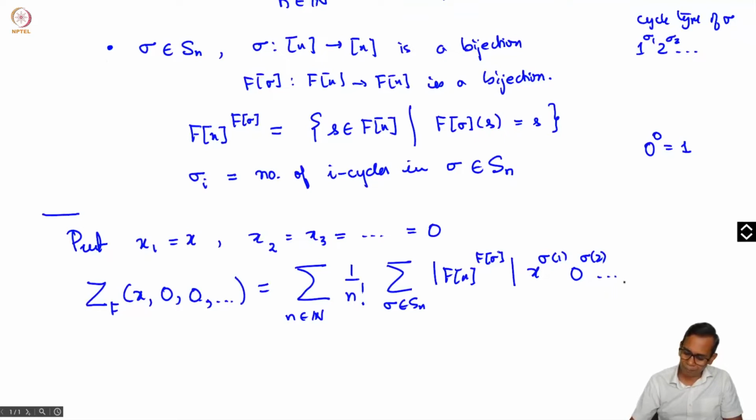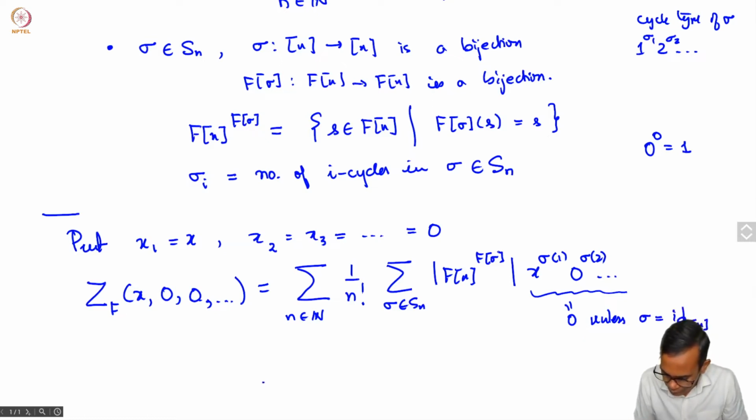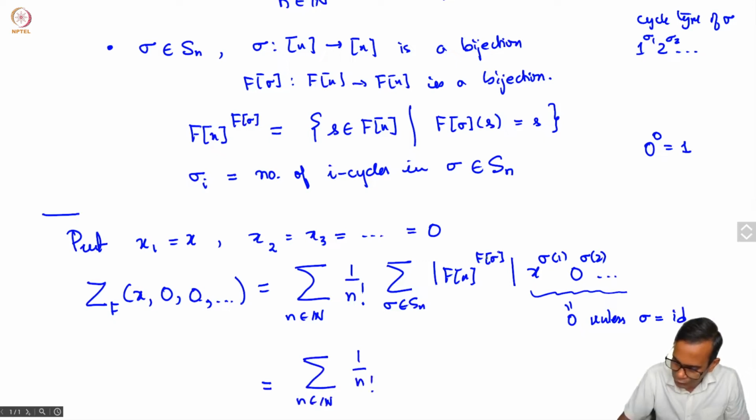So now this monomial here is equal to 0 if sigma has even one cycle that is of length greater than 1. So this is 0 unless sigma equals the identity of n. And so this sum just becomes the summation over n of 1 over n factorial, then the fixed points of F[n] under the identity map is all of F[n].